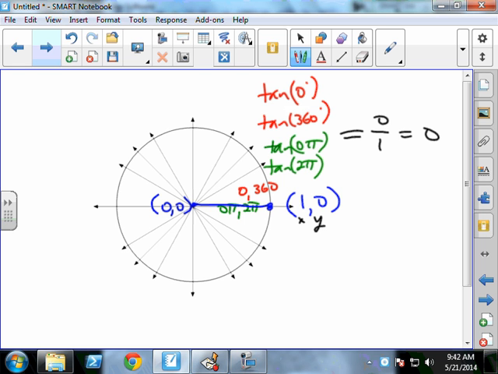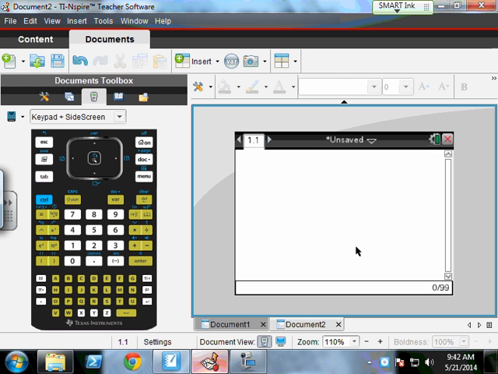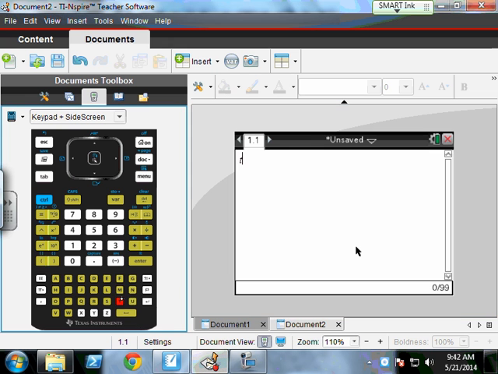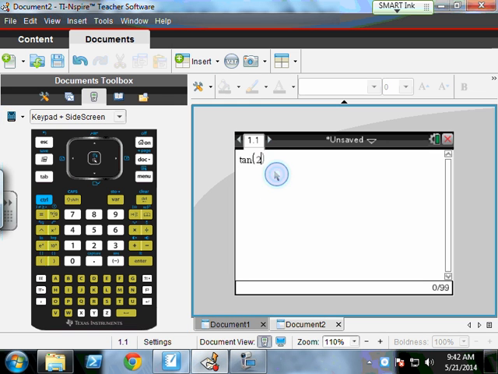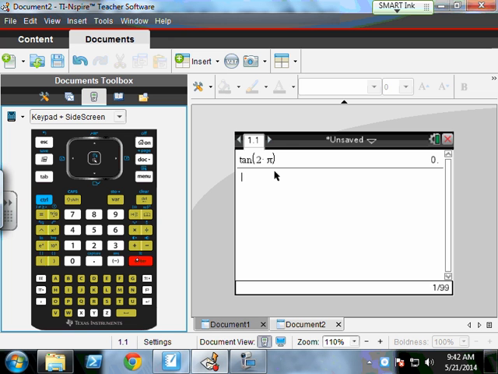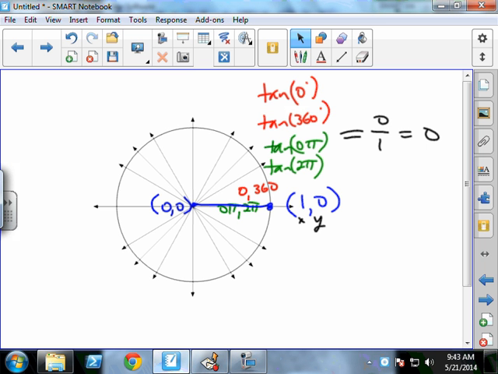Okay, with our TI calculator, remember our Inspire is set up by default for radians. So let's go with the tangent of 2 pi. I could just type in tan of 2 pi, and there it is, it's 0. Tangent of 0 pi, 0. Well, there we go.